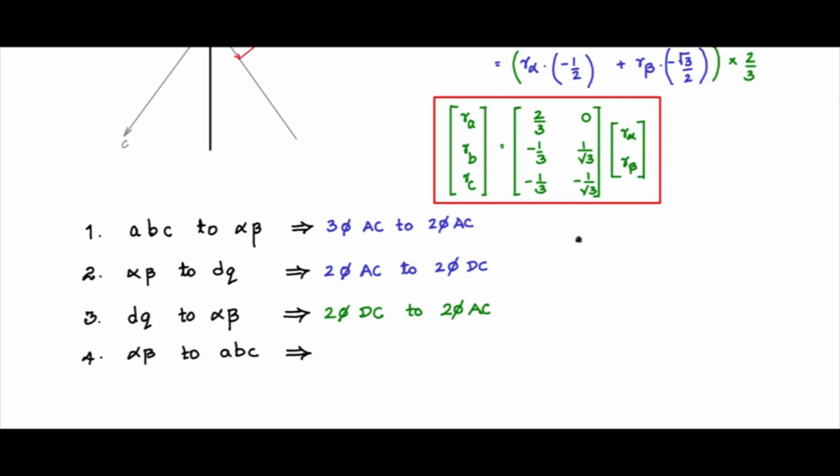That's what we just did last. Alpha beta is two-phase AC to three-phase AC. So if you take a set of variables, let us say three-phase sinusoidal signals 120 degrees apart, you can go through the whole process of going to two-phase, to DC, and then DC to two-phase AC to three-phase AC back by using these transformations.